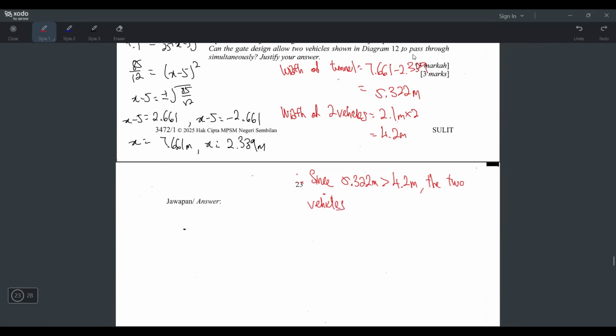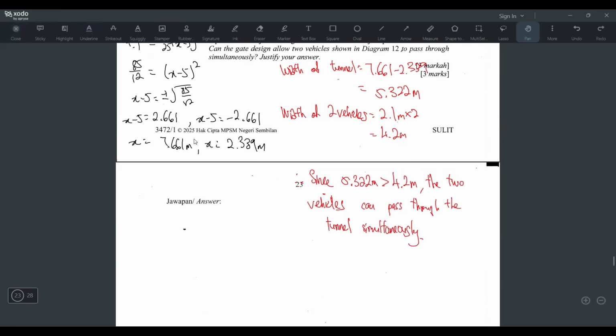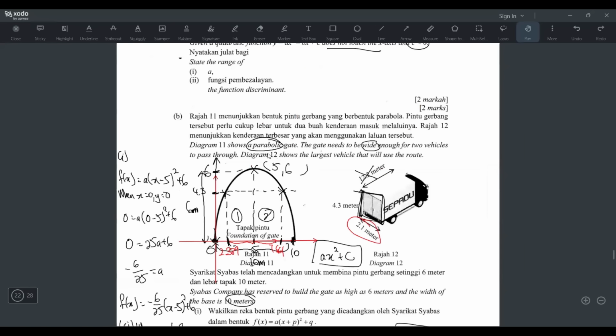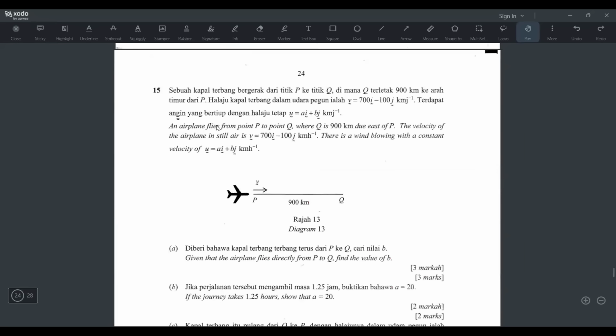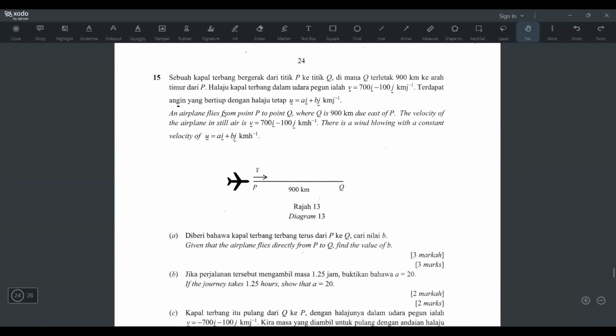The two vehicles can pass through the tunnel simultaneously. Okay, yeah, so that answers the question. All right, that's it. Okay, now we are at the last question already, so let's finish it.